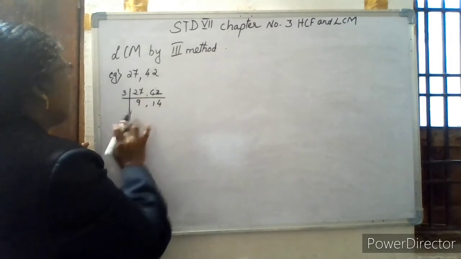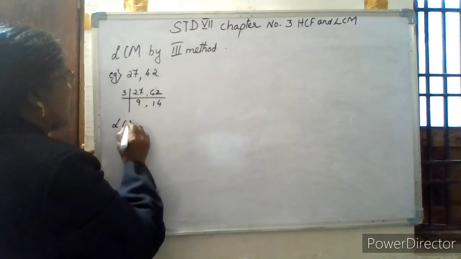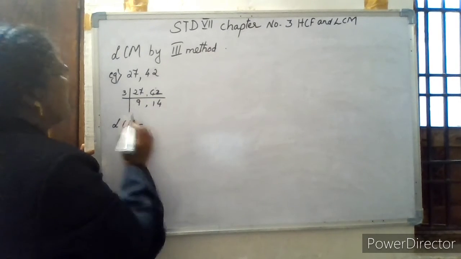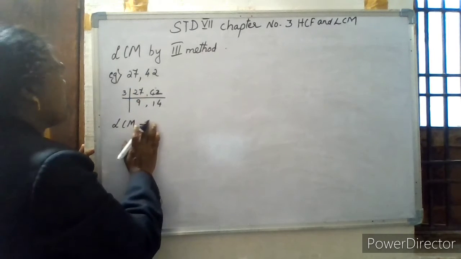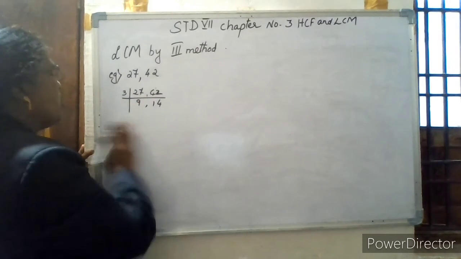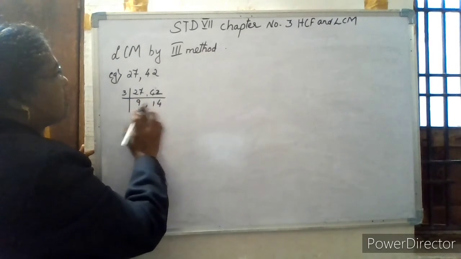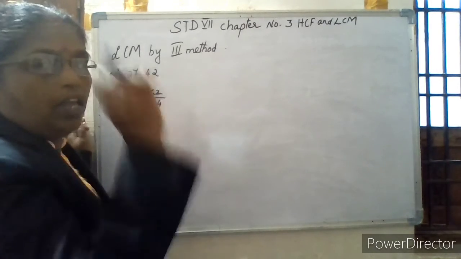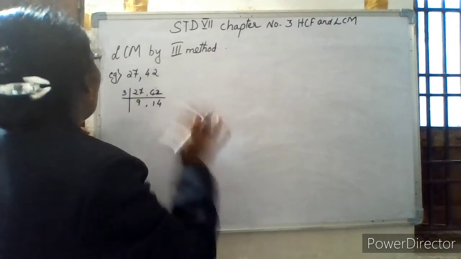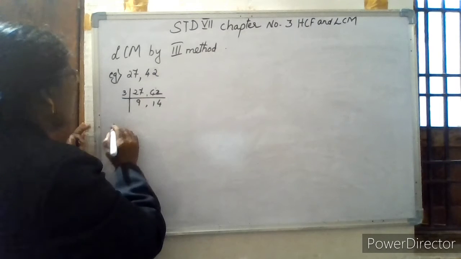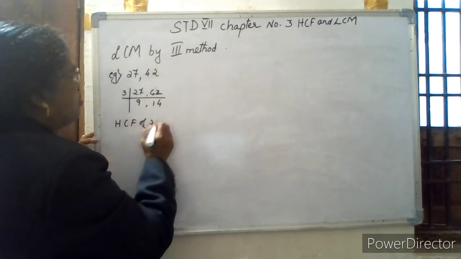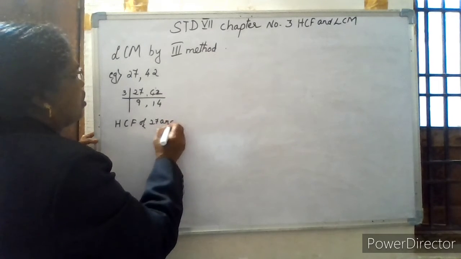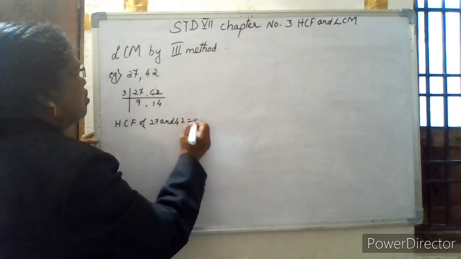So the LCM will be this 3, because both the numbers are divisible by 3. Now these two numbers, 9 and 14, are not divisible by any common number, so we leave it. Now this only is the HCF. HCF of 27 and 42 is equal to 3.